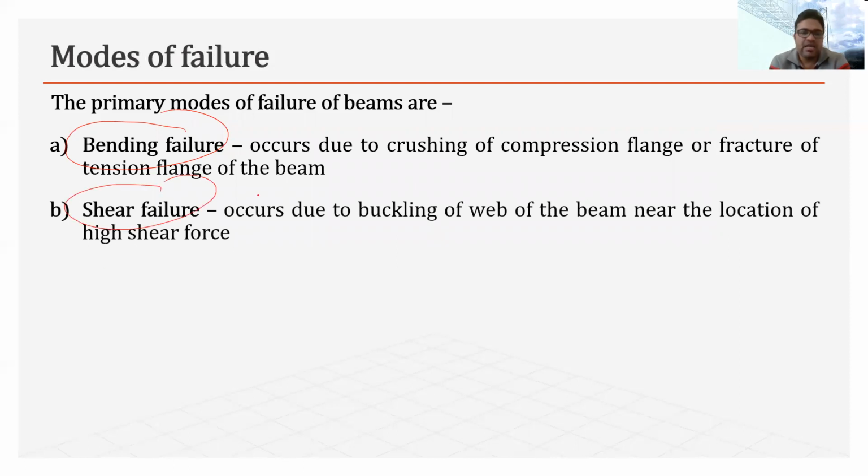Shear failure can be in terms of web buckling or web crippling. Web buckling can be like this one. This vertical part is the web, so this web can buckle like this. Or crippling: sometimes the web can buckle locally in this part. So this kind of failure is web crippling. So these two happen because of shear failure.